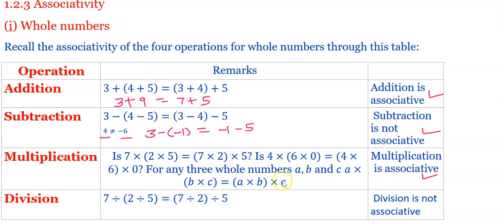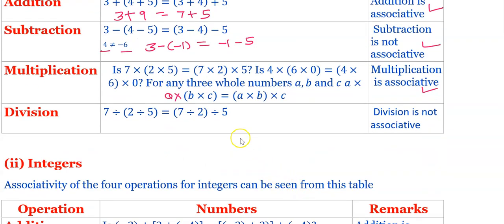It means that if we take any three numbers, a, b, c, then a into, in bracket, b into c equals a into b, into c. Okay. Next, the division, that is 7 upon, in bracket, 2 by 5, and this is not equal to 7 upon 2, in bracket, divided by 5.